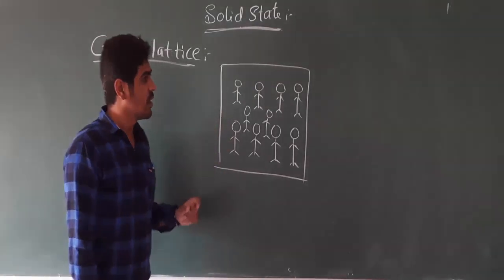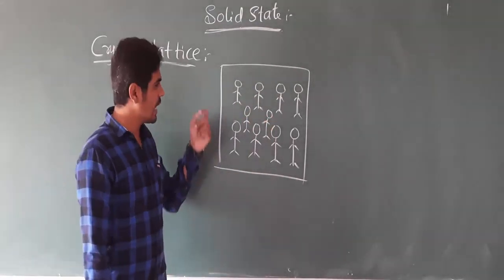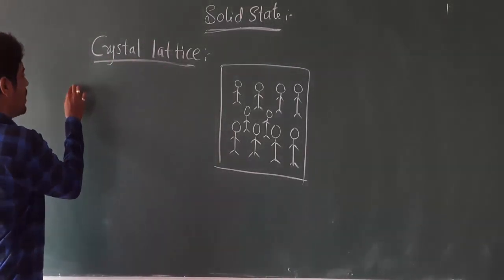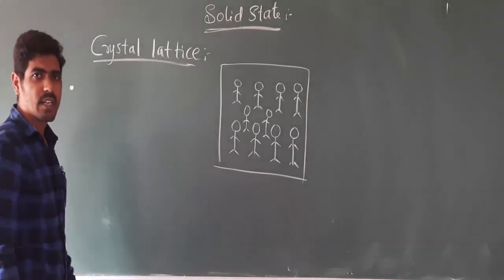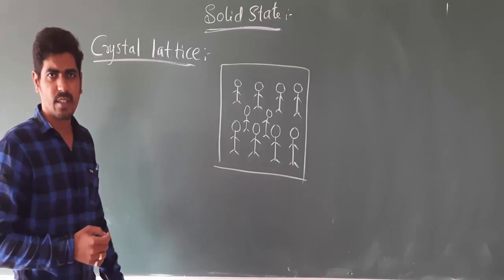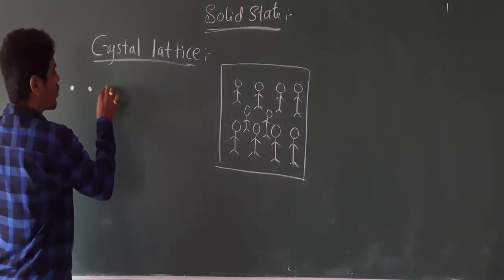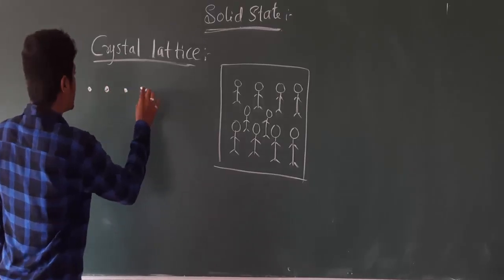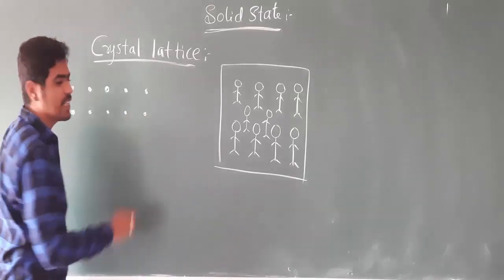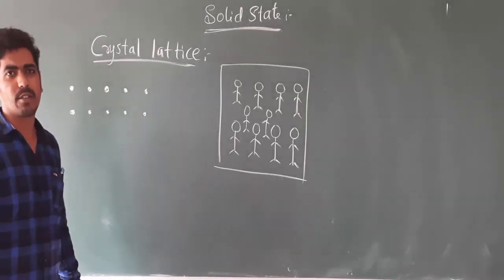For this, instead of representing the student's structure, we can simply consider each student as a point. Okay, so each point will represent a student. And if we represent all the students, so there are totally 10 students, I will indicate all those 10 students by simply 10 points which are arranged in a regular manner.